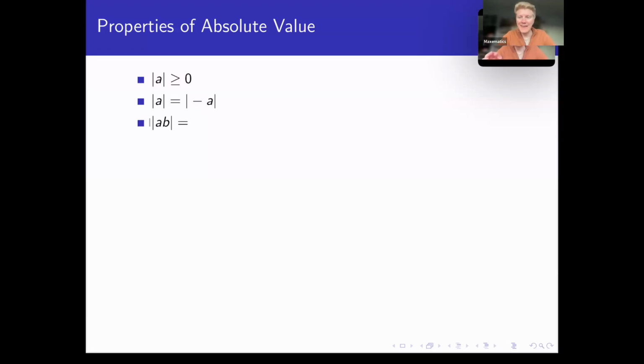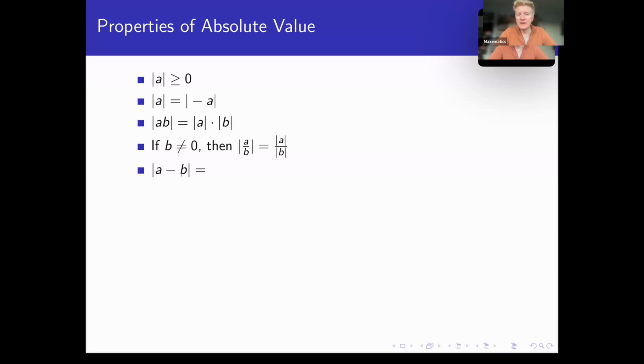The absolute value of a times b can be rewritten as the absolute value of a times the absolute value of b. So we're allowed to split up multiplication with absolute values. We can also do the same thing for division, so long as the denominator is not 0. So the absolute value of a divided by b is the absolute value of a divided by the absolute value of b.